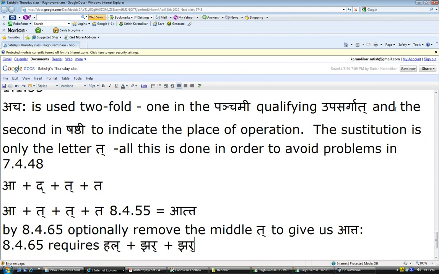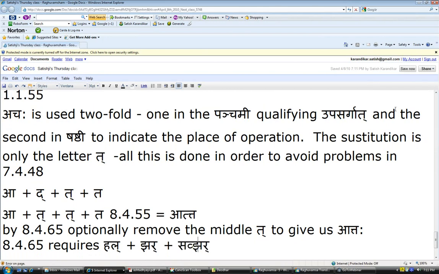So this should be savarna jar. So that will do it. Okay, so that's what we had for atta.